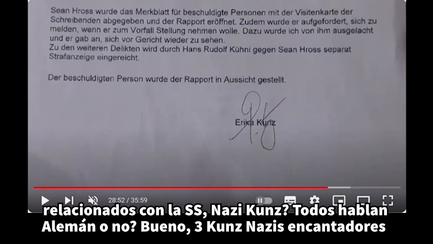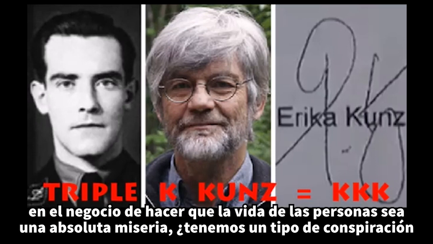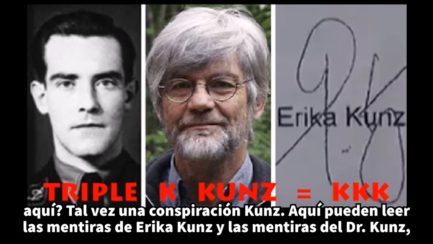I mean, they all speak German, don't they? Well, 3 charming Kunzis in the business of making people's lives an absolute misery. Do we have some kind of conspiracy here? Maybe a Kunz conspiracy, huh?